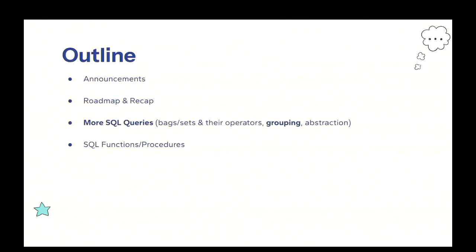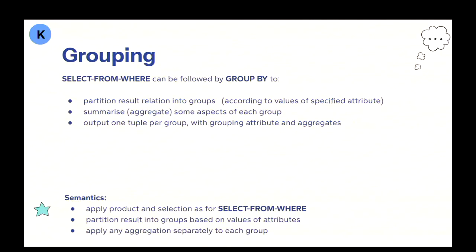Now let's move on to our next topic, which is about grouping. Remember that what we have learned is that we can use GROUP BY inside the select query. The SELECT and the GROUP BY work by partitioning the results into groups, summarizing some aspects of the group and outputting one tuple per group.